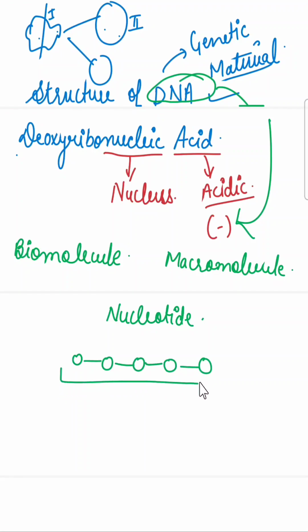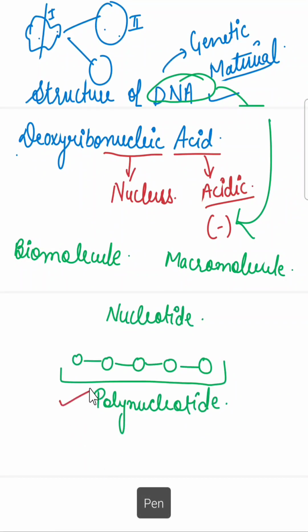Many nucleotides when collectively joined together, we consider it as a polynucleotide. So here are two words, polynucleotide and deoxyribo. Now let's find out where we are going to deal with these two names.